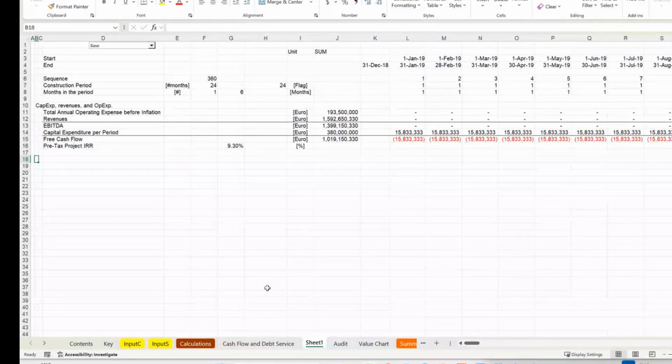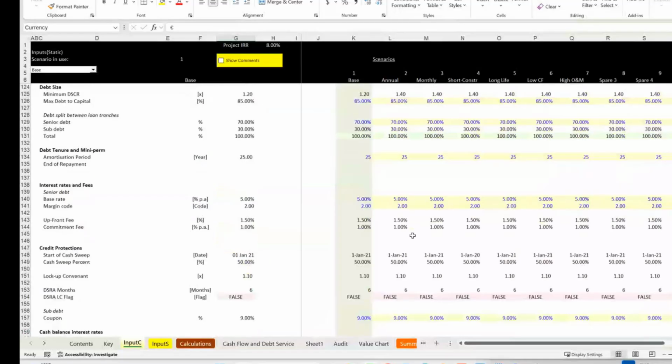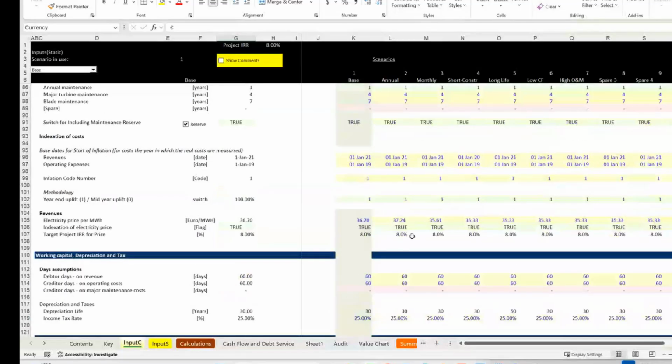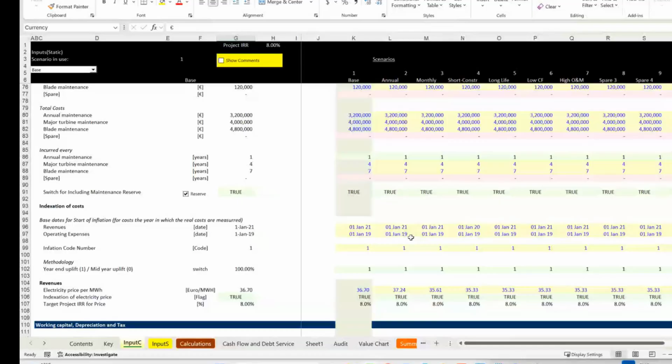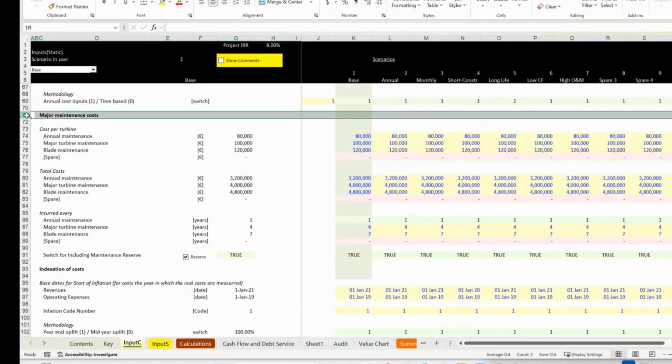If you go back to input C, let's do a couple of things. Just a minute. We have the major. Which do you want to do? Let's use the major turbine maintenance.